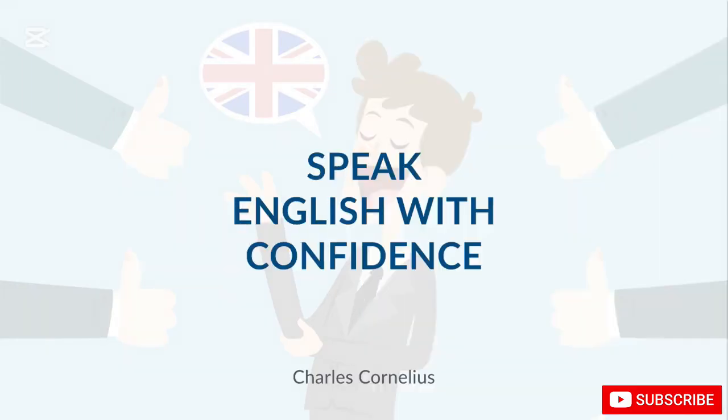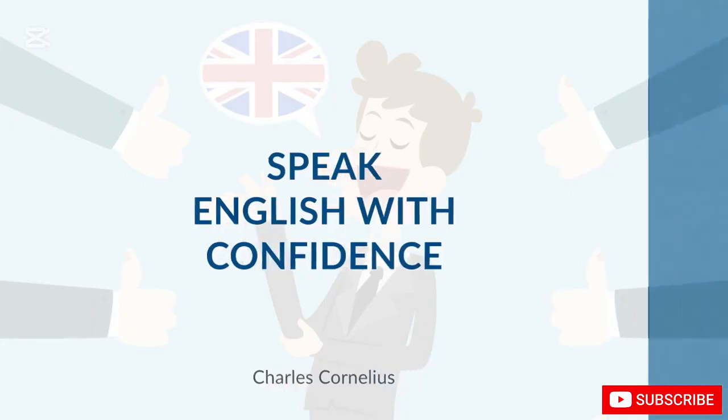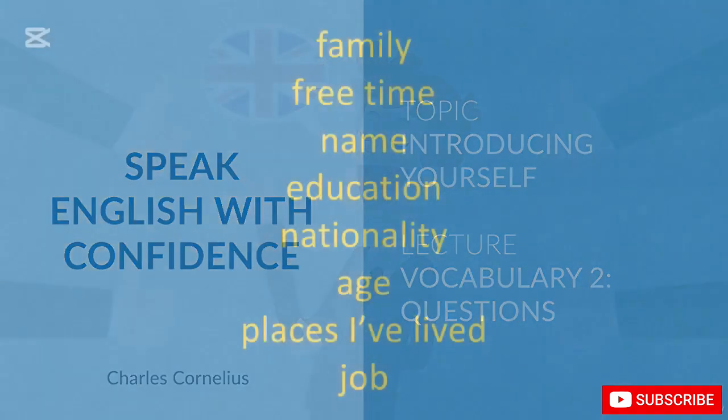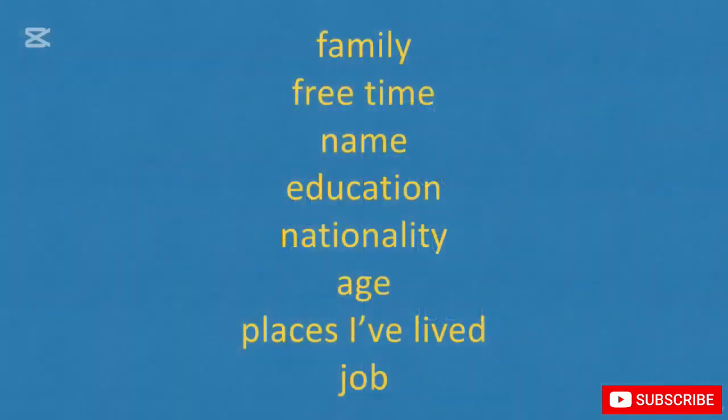In this lecture, we're going to look at the kinds of questions you can ask other people so that they can introduce themselves to you. Now, these are the kinds of topics that people ask each other when they first meet and when they introduce themselves to other people.